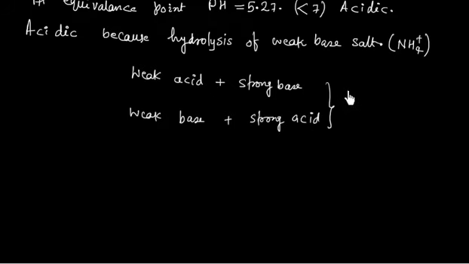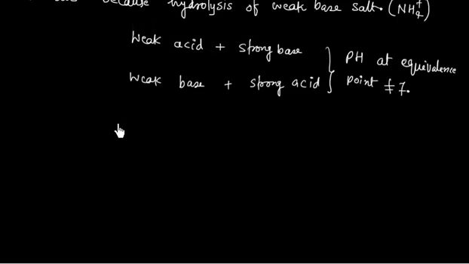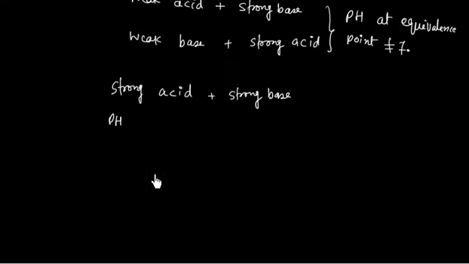So in these cases pH at equivalence point is not equal to 7, but if we have a titration of a strong acid plus a strong base, we will have pH at equivalence point that is exactly equal to 7.